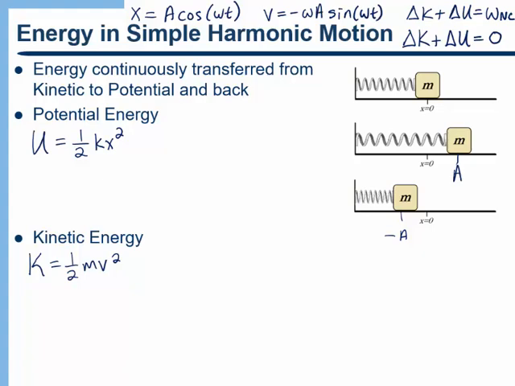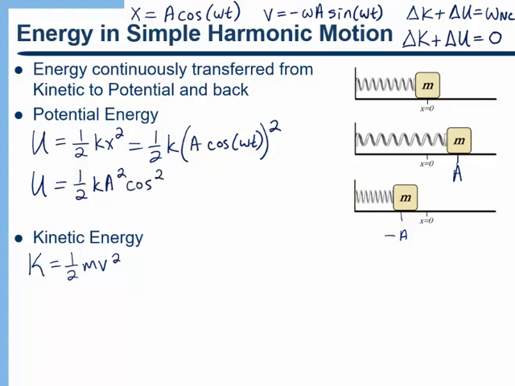If I want to know the potential energy at some time t, all I have to do is 1/2 k times A cosine omega t, and that quantity squared. That would give me the potential energy at a particular time t, or U is equal to 1/2 k A squared cosine squared omega t.